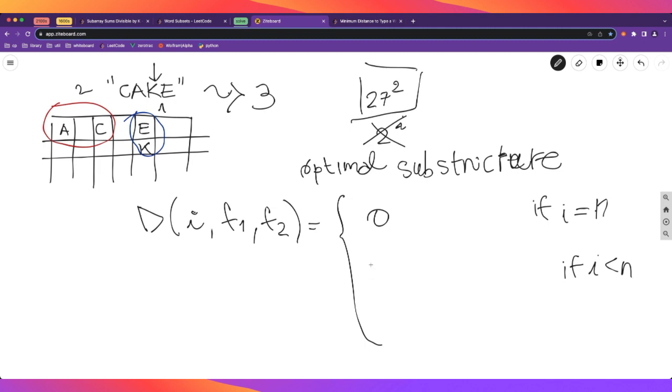like we said, we have two choices, and we want the minimum of them. One is to choose finger 1, and in that case we need to add the distance.